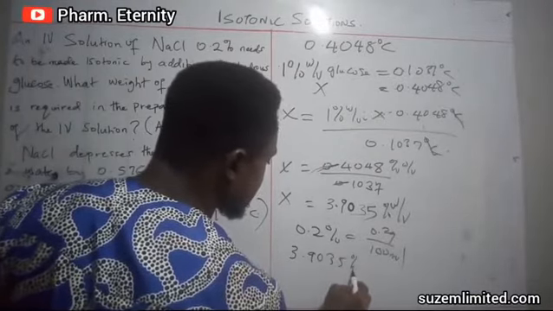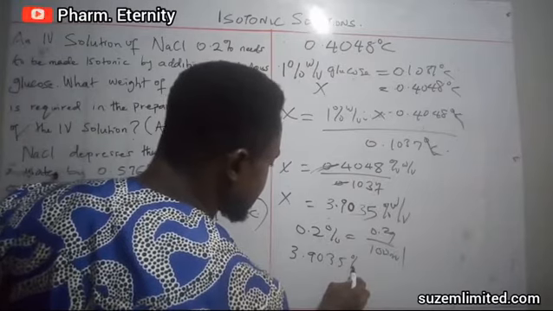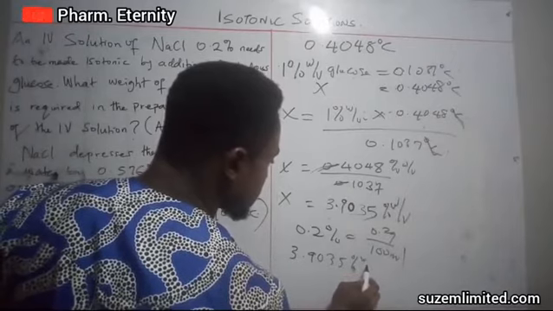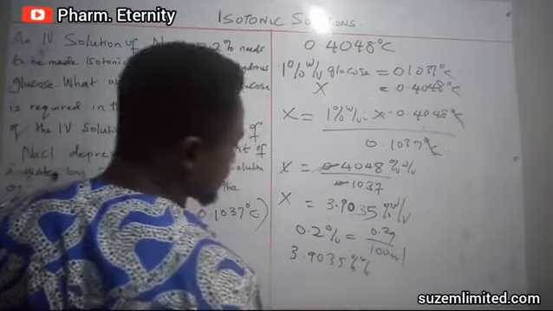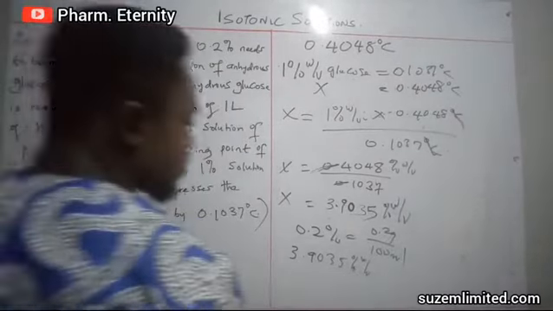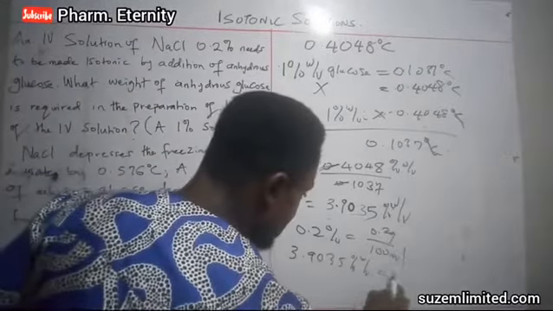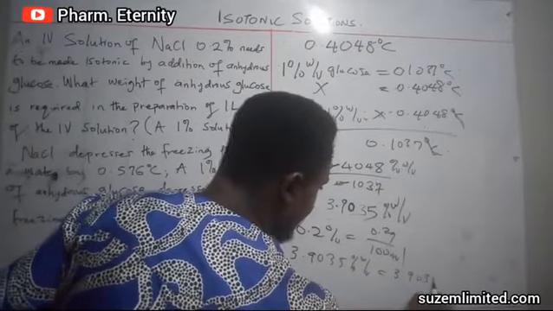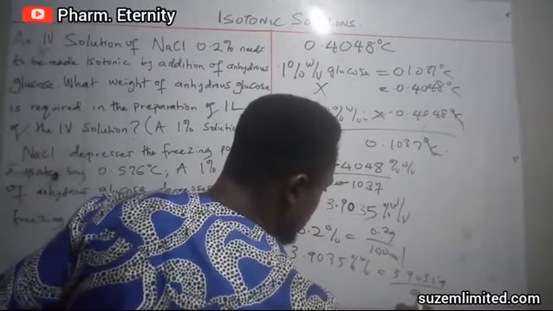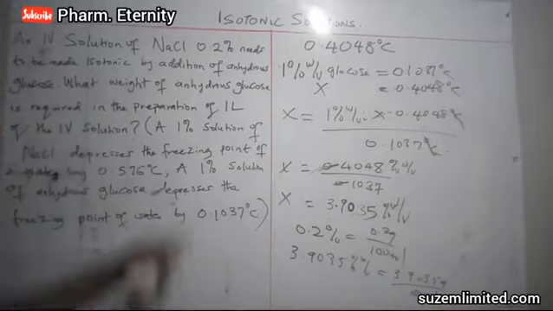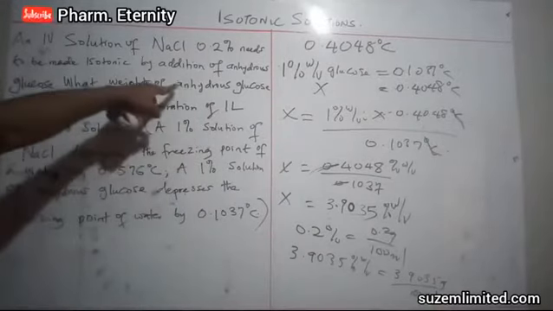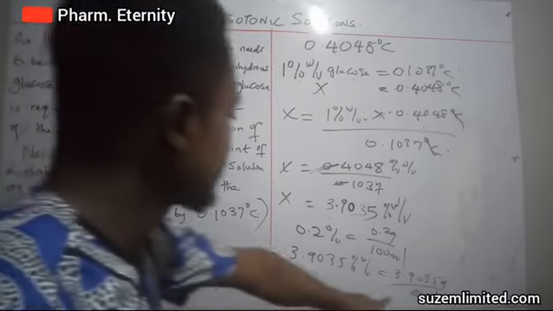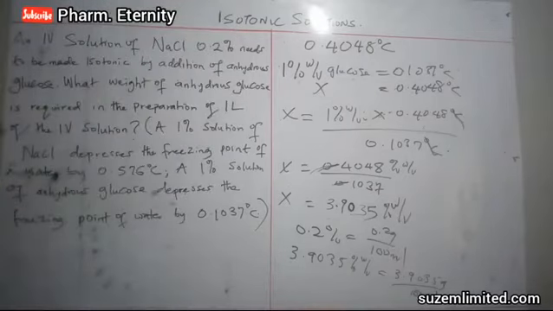So what it implies is that this 39035% weight per volume is the same thing as 3.9035 gram in 100 ml of anhydrous glucose solution.